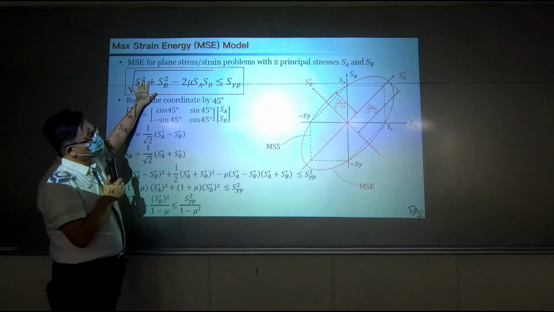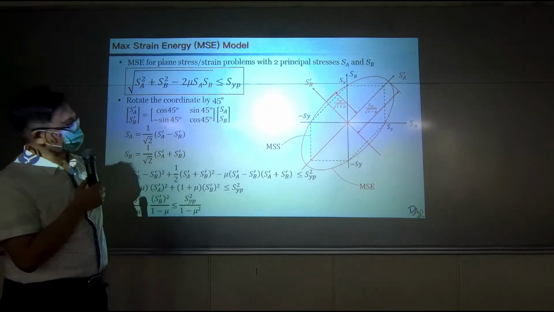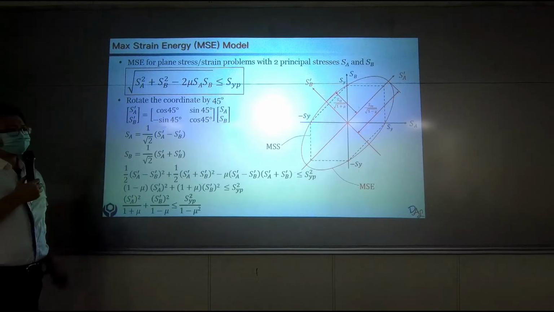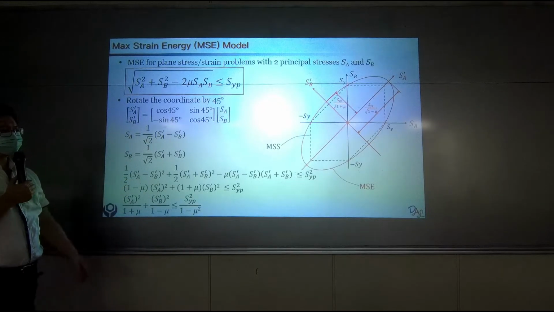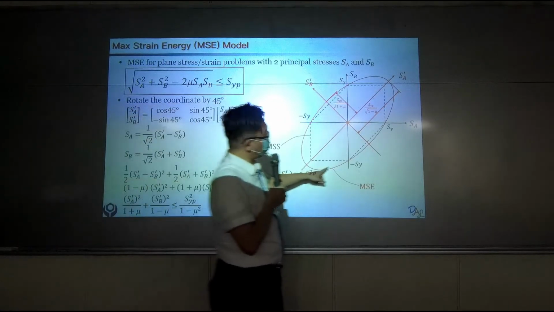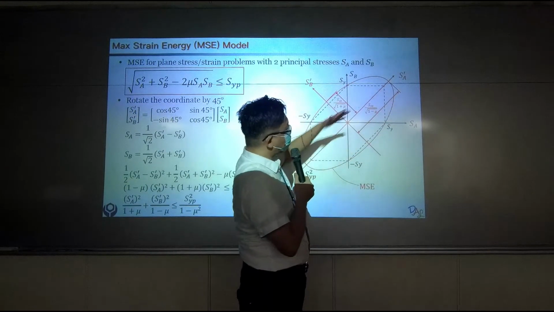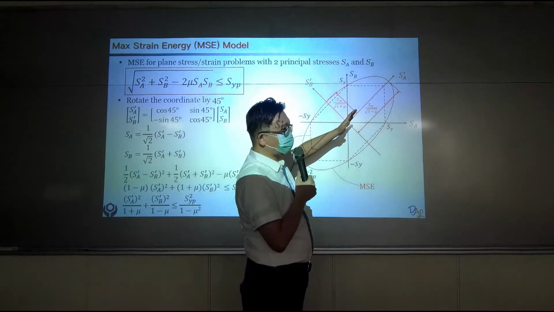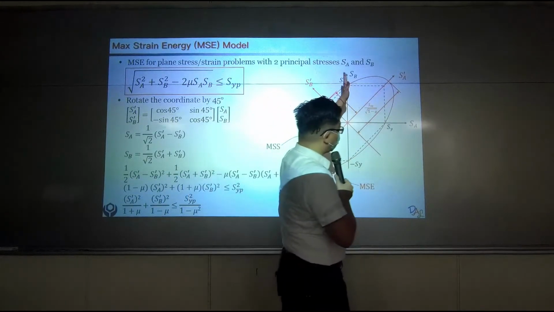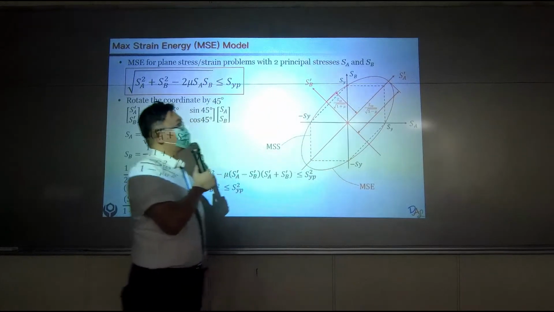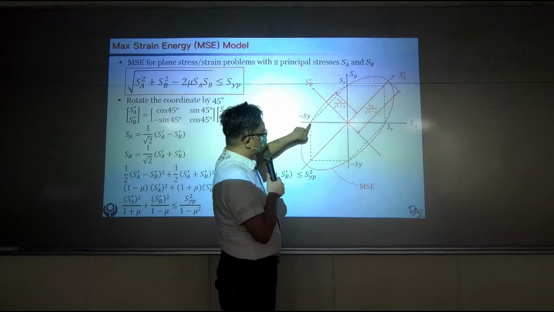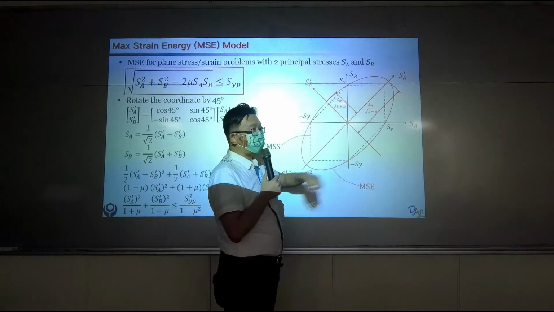And if you would like to plot it out, I show a way how to plot out the figure in the video. You can watch it again. Basically, it's going to be an ellipse with a 45-degree tilting angle against the original coordinate. And it is having contact with the maximum shear stress model.